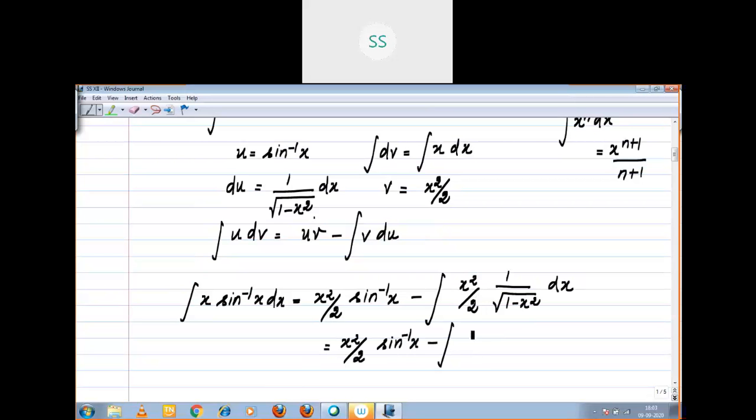Say yes or no? 1 minus 1 plus x square divided by 2 into root of 1 minus x square dx. Got it, children? Still I didn't get the denominator format in the numerator.